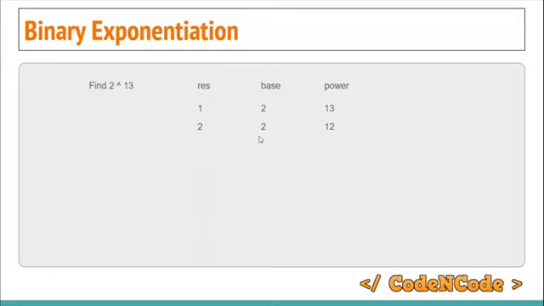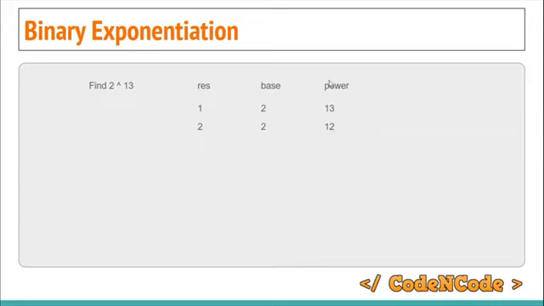Now all we have to do is calculate 2 raised to power 12, right? So when the power is odd, what we can simply do is multiply the result with the current base. So all we have to do is calculate the even power of the given base.